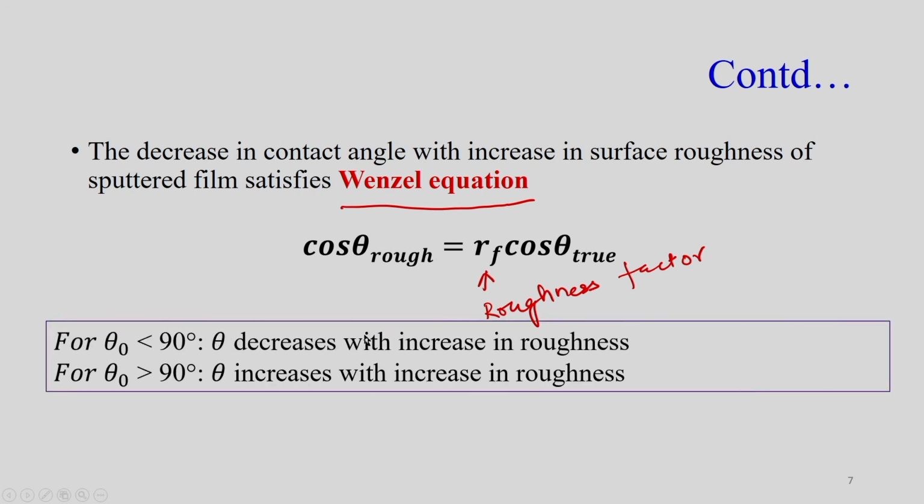So, what it says, if theta is less than 90 degree, contact angle decreases with increase in the surface roughness. That is what we observed in the last slide, that RA was increasing and at the same time the contact angle theta was also decreasing with increase in the RA. So, it agrees to the Wenzel equation.